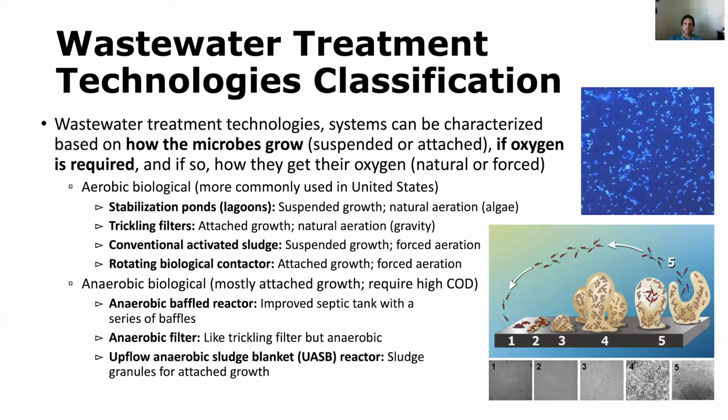You get different groups of fermenting microorganisms, acidogenic microorganisms and acetogenic microorganisms, as well as methanogenic microorganisms, which are oxidizing that organic matter down to methane, CH4, and also some CO2.